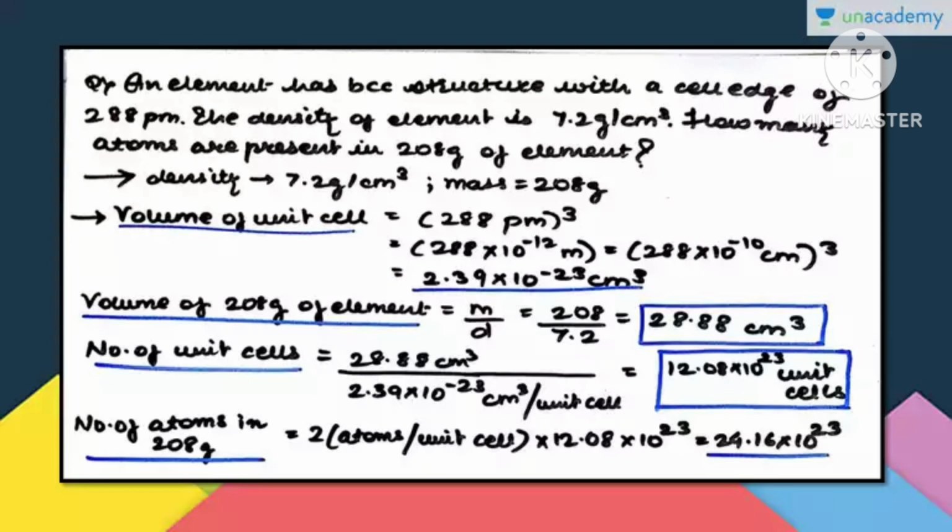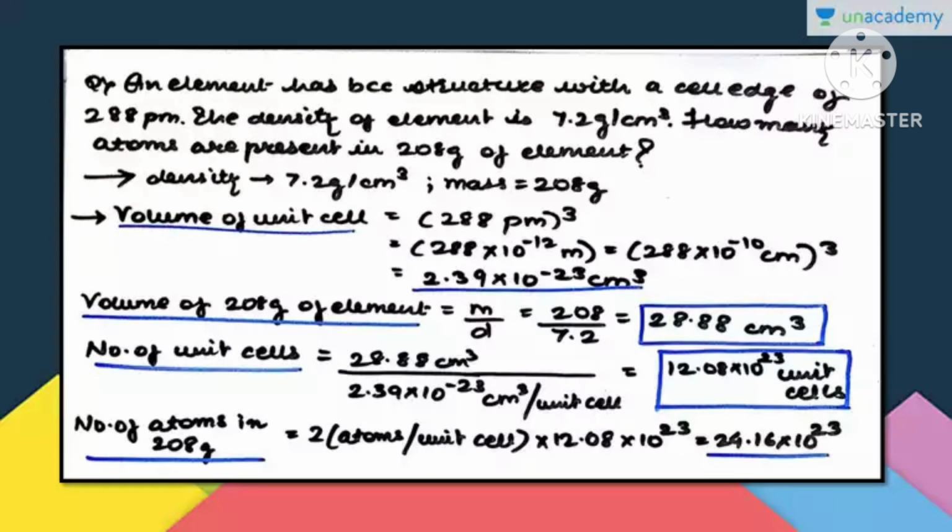Okay, then in the question they have given these things. First, they have given what type of crystal it is: an FCC crystal. Second, the edge is given, 3.608 × 10^-8 centimeter.